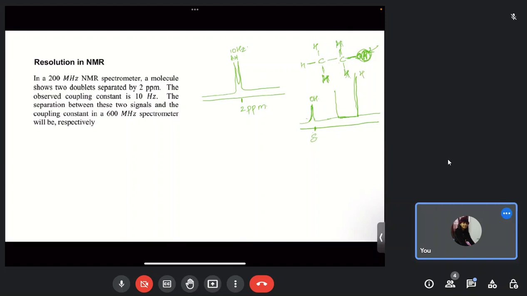This is from 3 protons, this is from 2 protons, and it is more upfield, which means a lower delta value. So this will be at 0.2, this will be at 1, and this OH will be at 4 ppm.